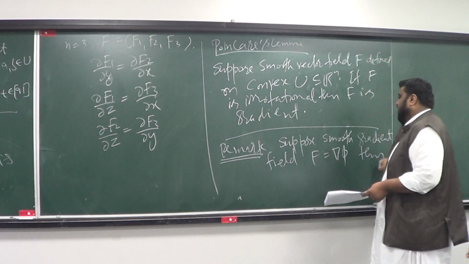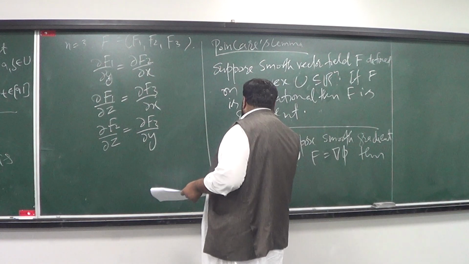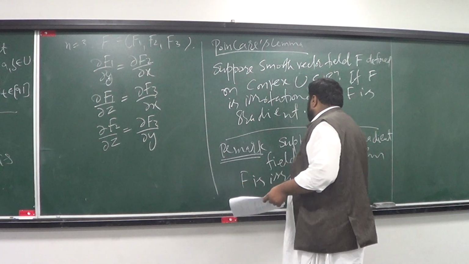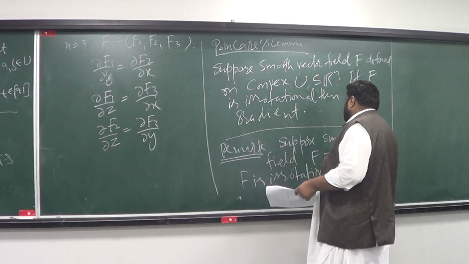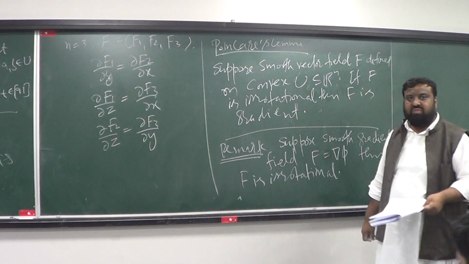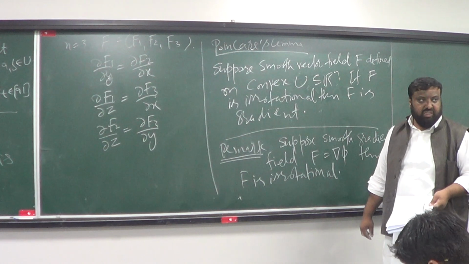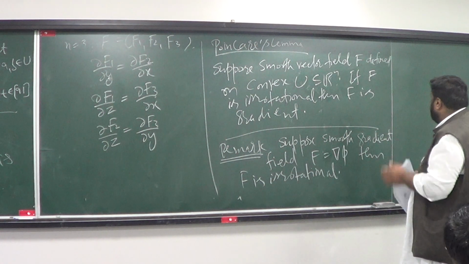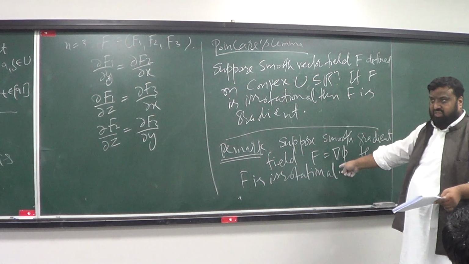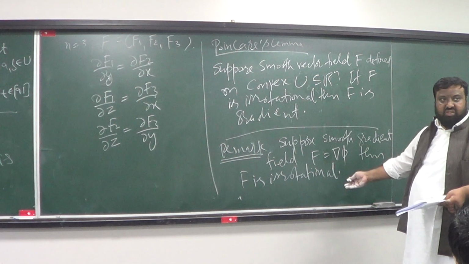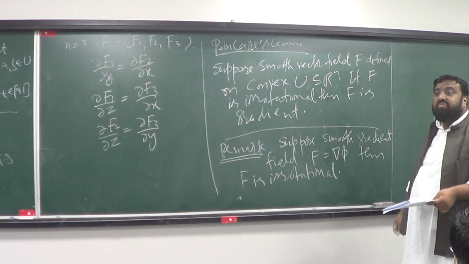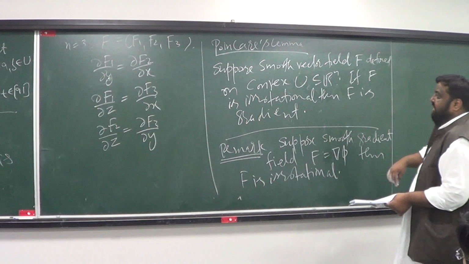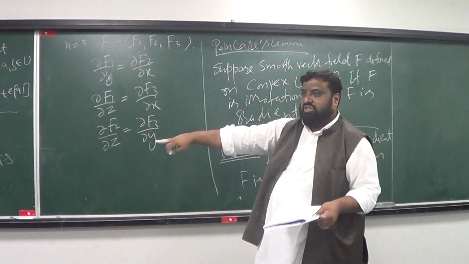Then F is irrotational. Every gradient field is irrotational. Why should it be the case? Let's take a smooth vector field and see why it must be irrotational. For irrotationality, you have to verify this condition.